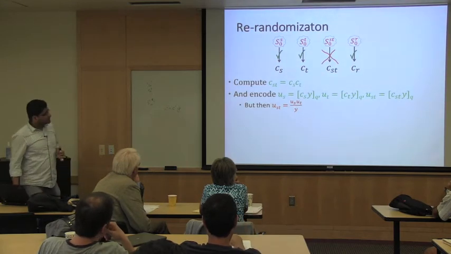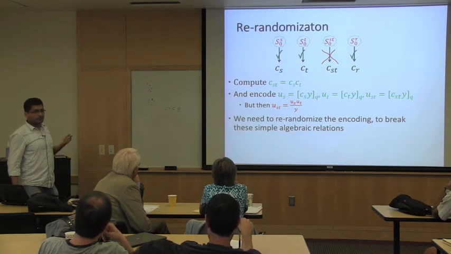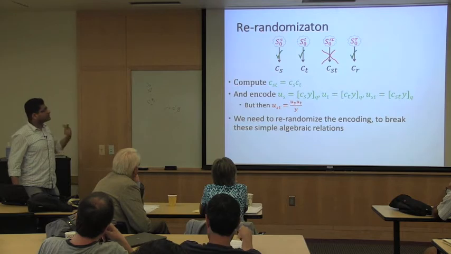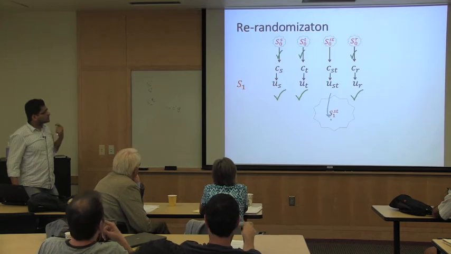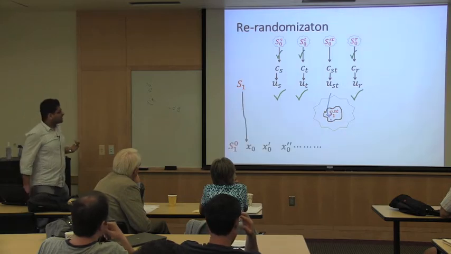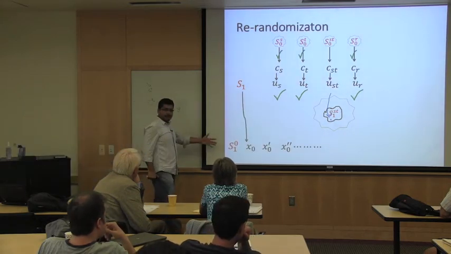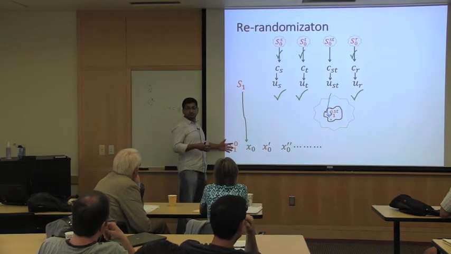And the problem is that we are giving a specific encoding corresponding to this coset. It's algebraically related to the other ones. We want to re-randomize it. So what's going on is that we're giving a specific value here, and we would like to re-randomize it within a space. To enable that, in our public parameters, we'll give out many level 1 encodings of 0.